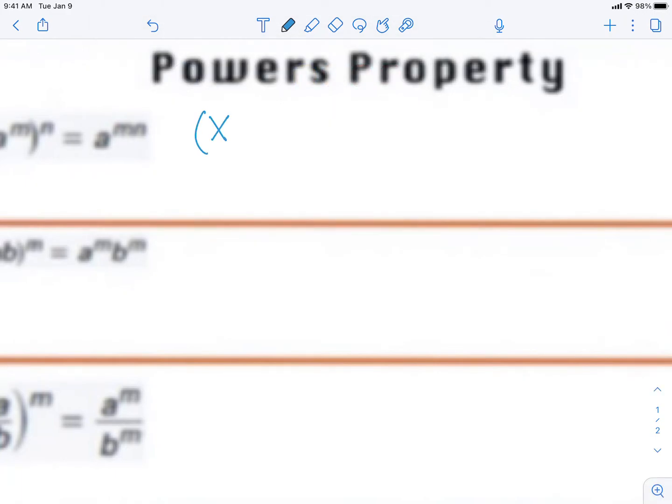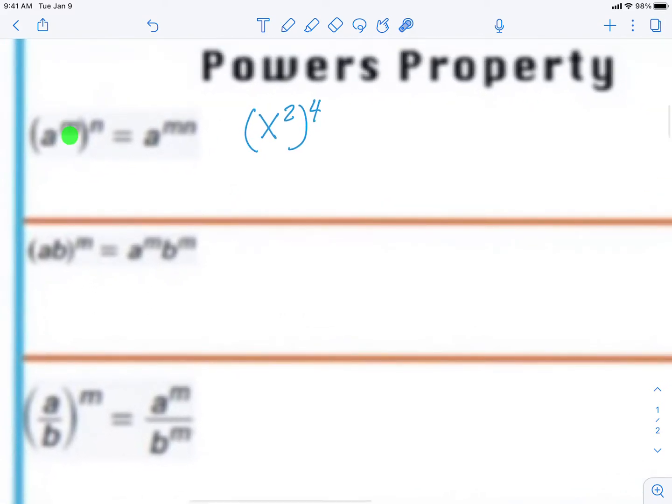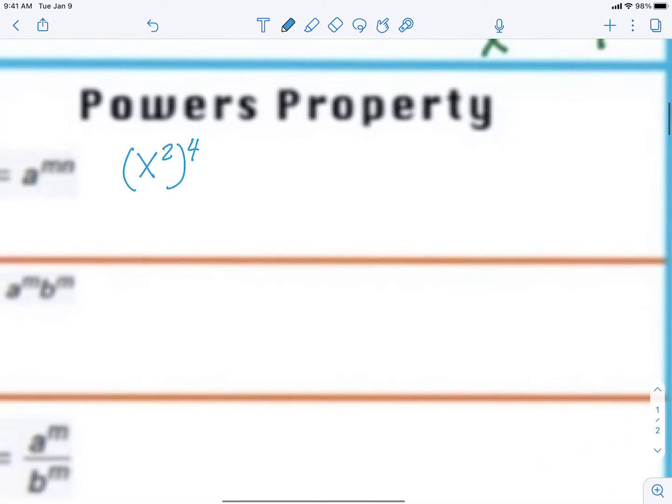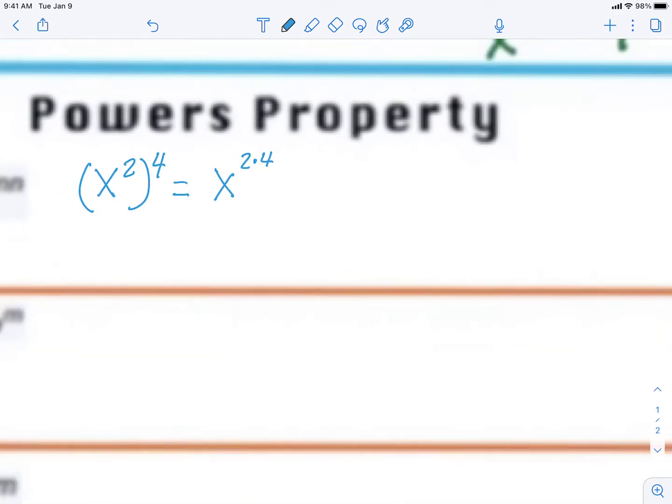We have x to the power of 2, to the power of 4. This says you multiply m times n, so you multiply 2 times 4, and that gives you x to the power of 8. That's one example.